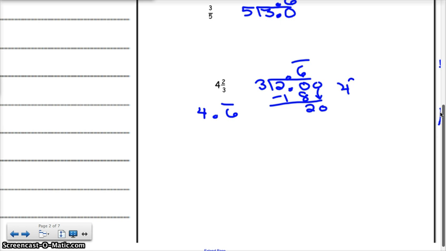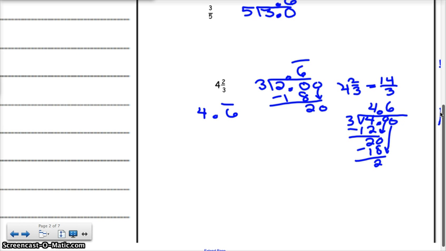Meaning, can we turn 4 and 2/3 into 14/3, and then go 3 into 14? 3 goes into 14 4 times. 6. And then notice that it's repeating. 4.6 repeating. That is definitely an A-OK strategy.